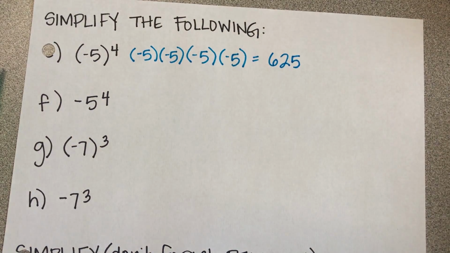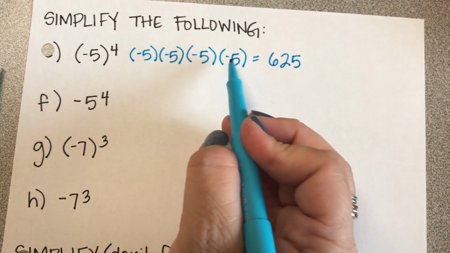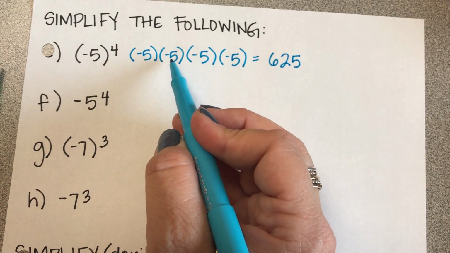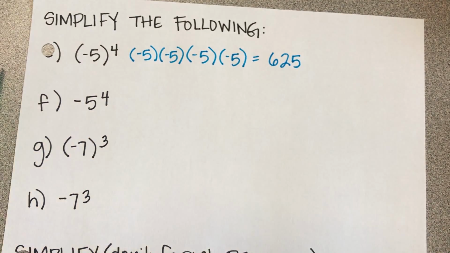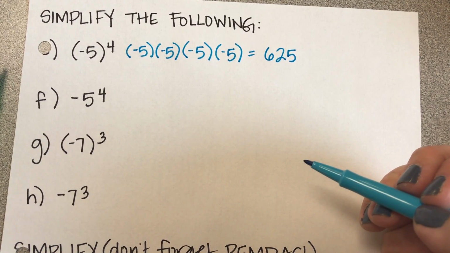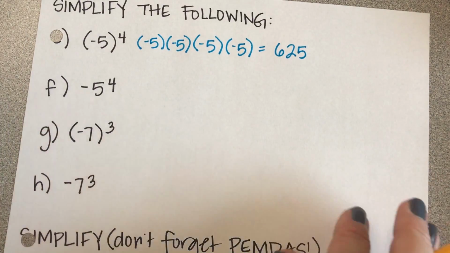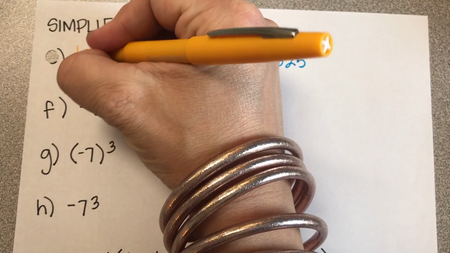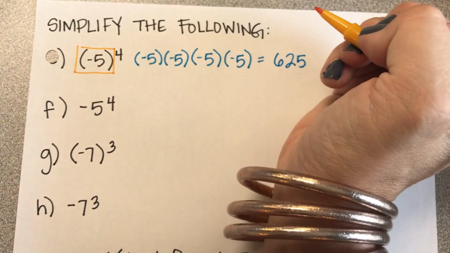And if we count those negatives, 1, 2, 3, 4, negative, negative makes positive, negative, negative makes positive, it's positive 625. Because this exponent was applying to this entire quantity.